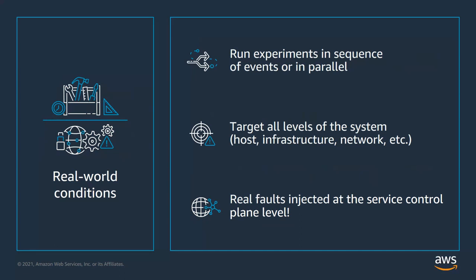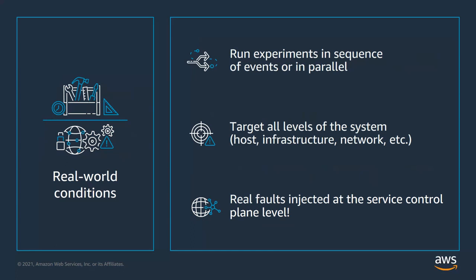Supported services right now are Amazon EC2, RDS, ECS, and EKS, and a lot more services will follow. We're working hard on getting more services into the service. So you can create quite complex conditions that span across a large set of different AWS services.